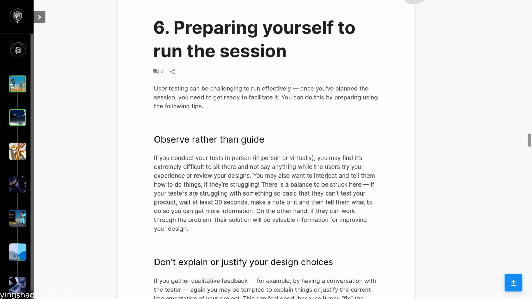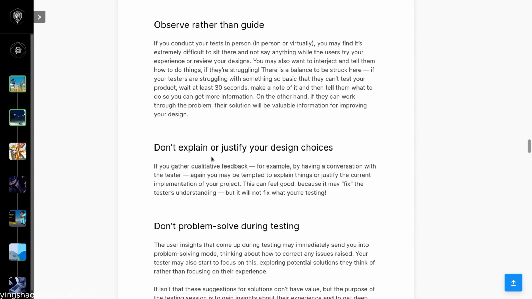If your testers are struggling with something so basic that they can't test your product, wait at least 30 seconds, make a note of it, and then tell them what to do so you can get more information. On the other hand, if they can work through the problem, their solution will be valuable information for improving your design.